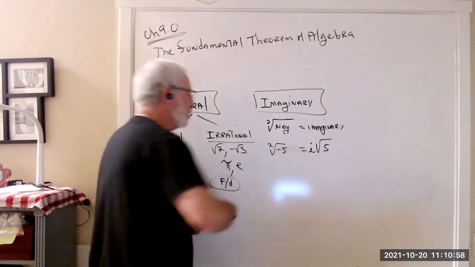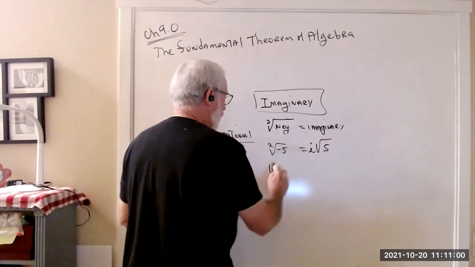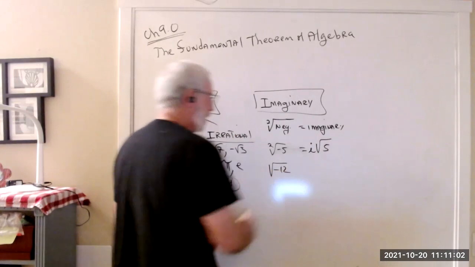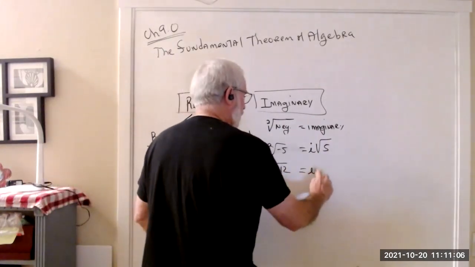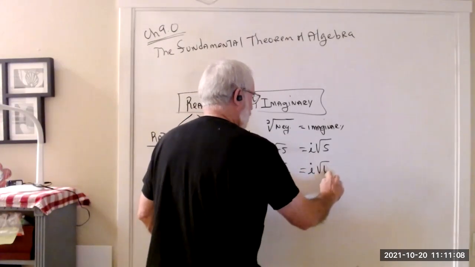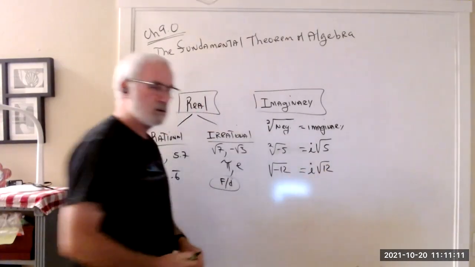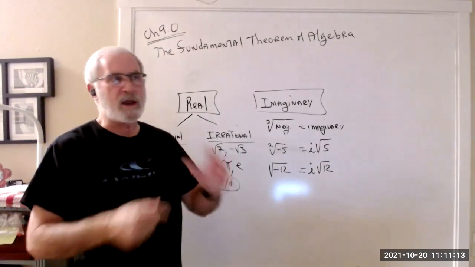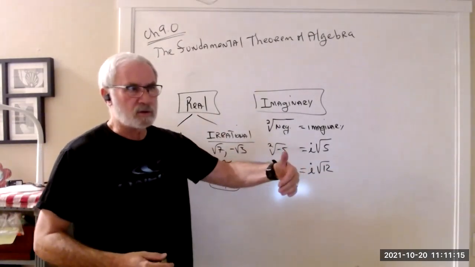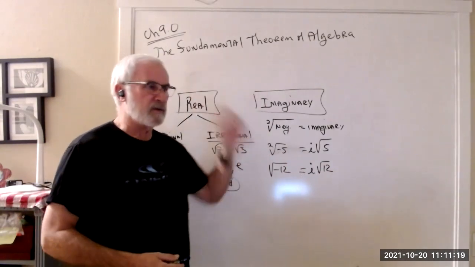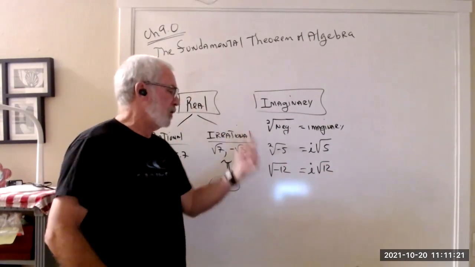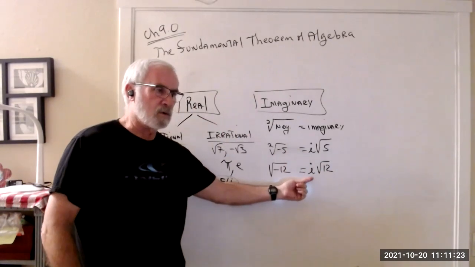So for example, if you have the square root of -12, the first thing you do is call it i times the square root of 12. You don't wait one step. You take it out now.